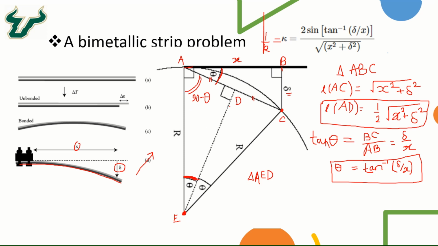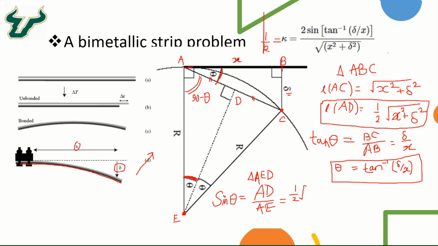Now, for triangle AED, we can again write using the sine. So if I write sine of theta equal to the opposite side, which is the length AD, divided by the hypotenuse, and the hypotenuse in this case is length AE. Okay, so AD we have already found out. What is that?